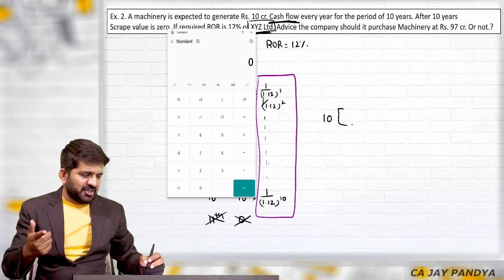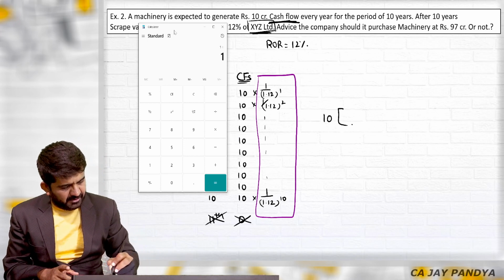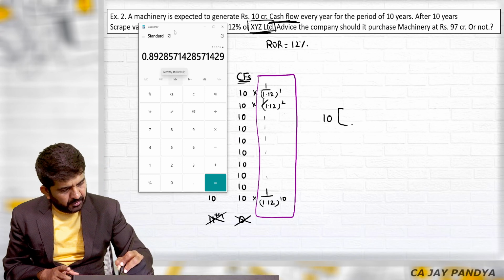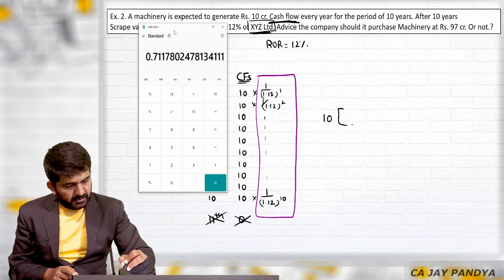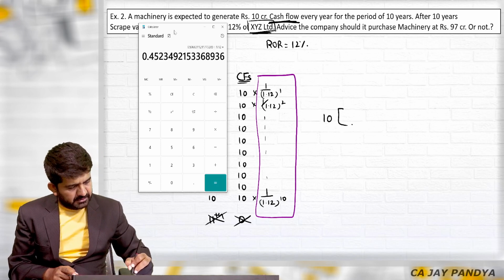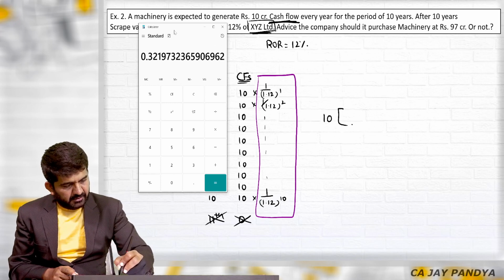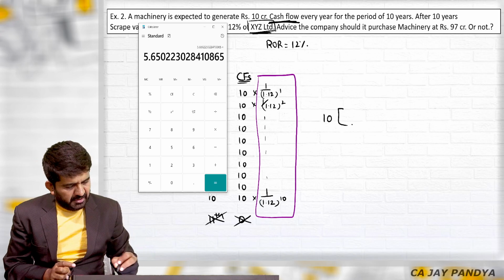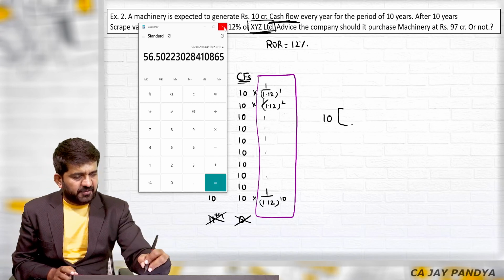I am not having GT, I am having M plus, so I am doing it by M plus. 1 divided by 1.12 is equal to M plus. This is first, second, third, fourth, fifth, sixth, seventh, eighth, ninth, 10th year. MRC multiplied by 10 is equal to 56.50 crores.